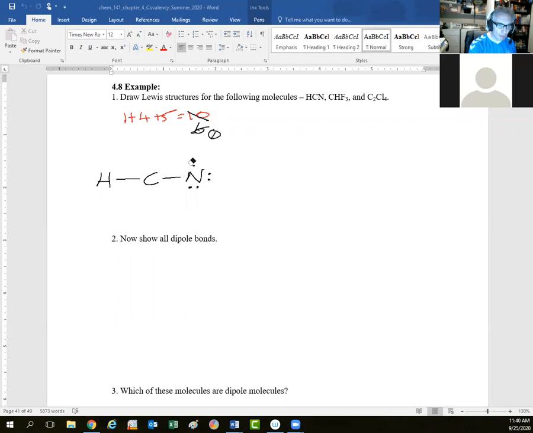So we take a lone pair off the nitrogen, turn it into a bonding pair. That still only gives the carbon 2, 4, 6 electrons, so not there yet. We need another lone pair from the nitrogen. I'll make another bonding pair.